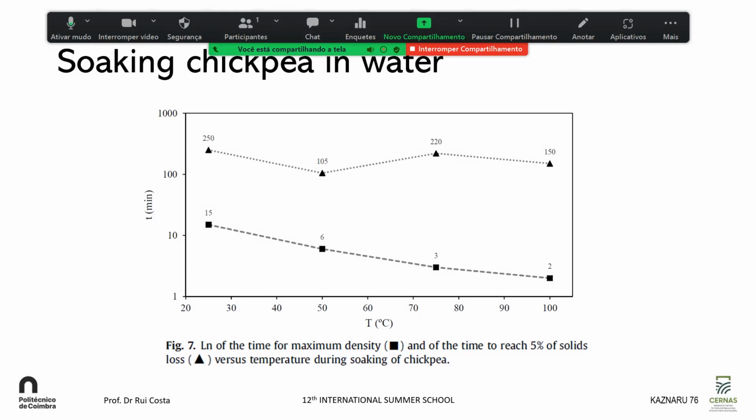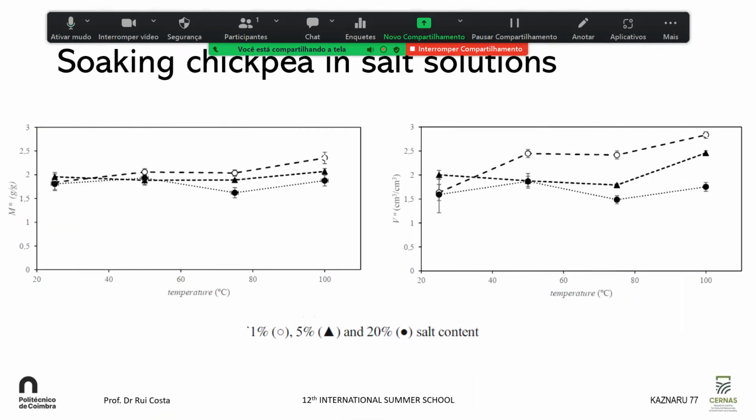Since I already took a long time, I will go through this plot and just call your attention that the soaking of chickpea in salt solutions was also studied, which is relevant, for example, for lab production.